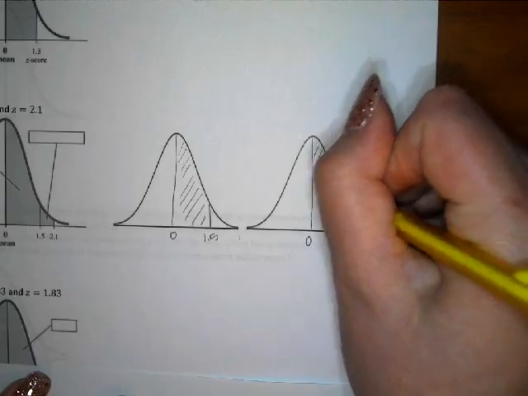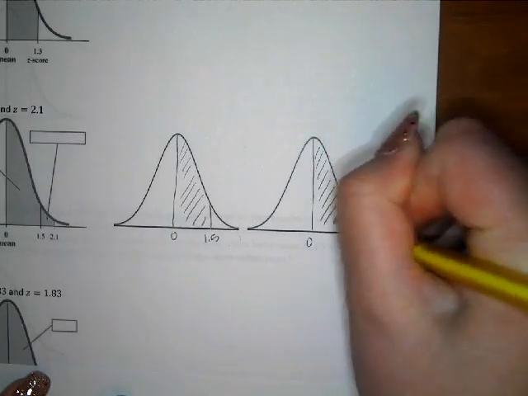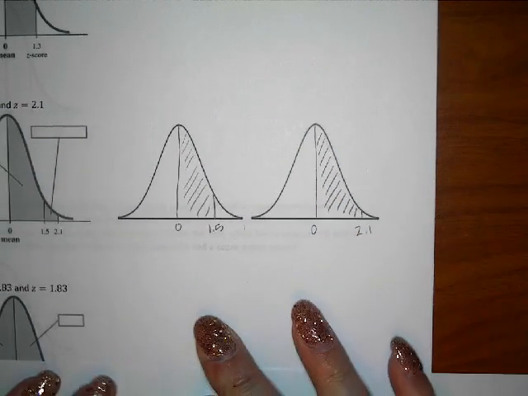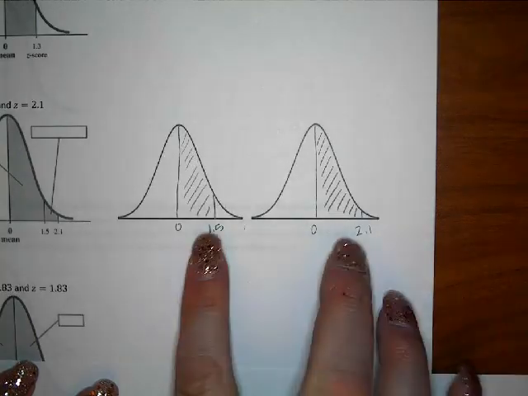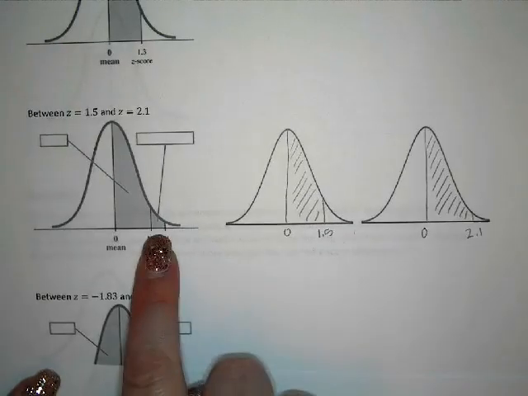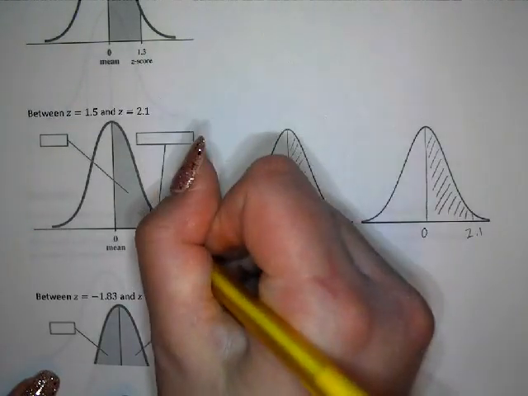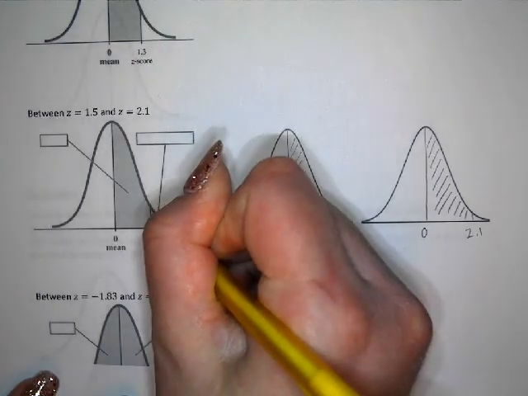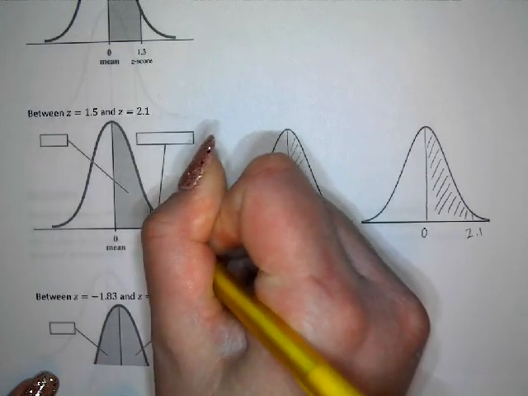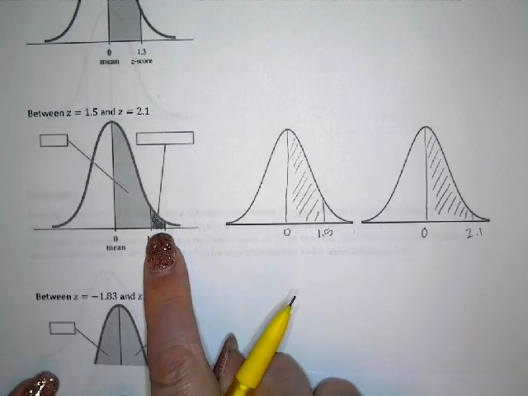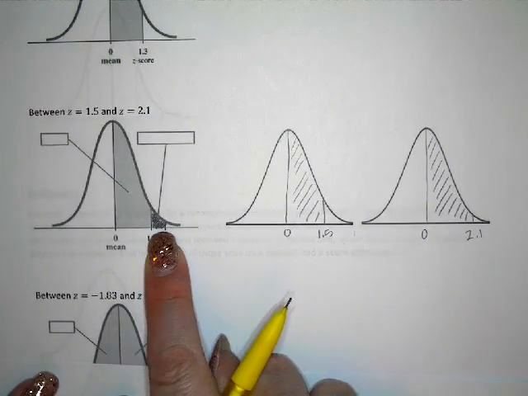So we're going to have to do some calculations to find the area that's in between these two. You can see right here, this is the area in between 1.5 and 2.1, and this is the area they want you to find. So we can go ahead and find these two separate areas.